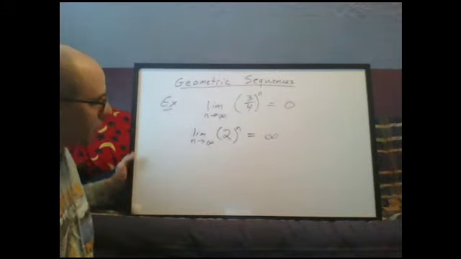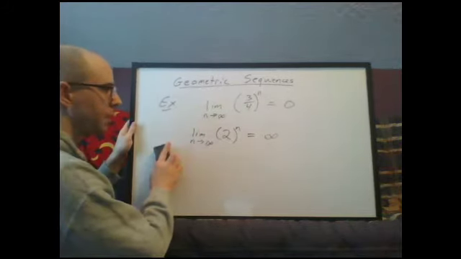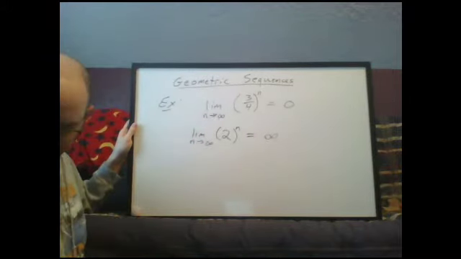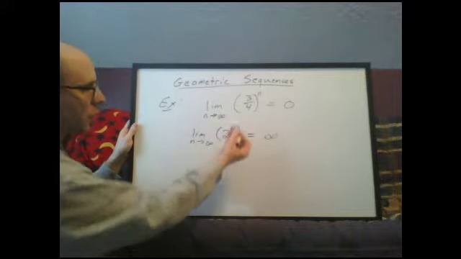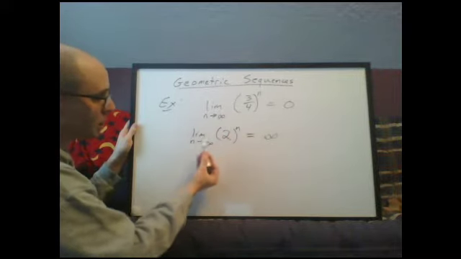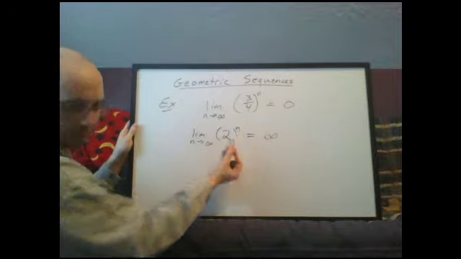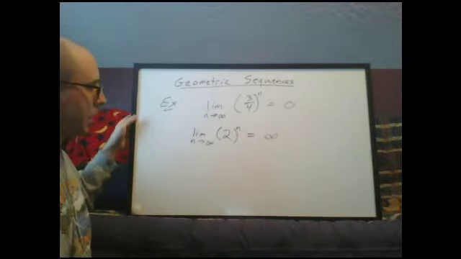Let me actually write another one out specifically. So far, these two sequences would also make sense if it was x, if we were dealing with real number inputs rather than whole number inputs.